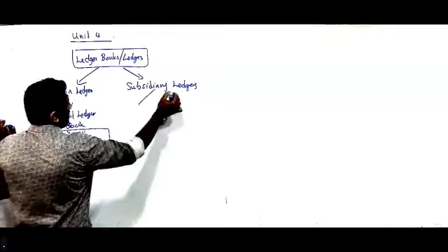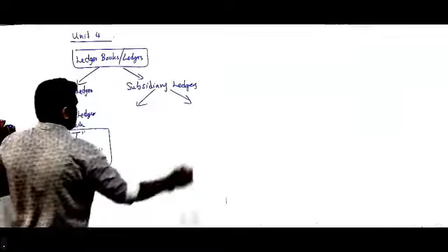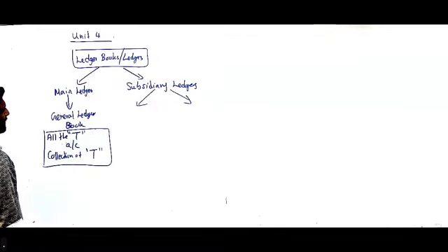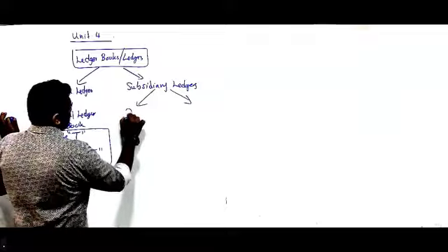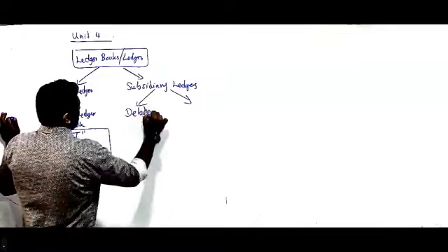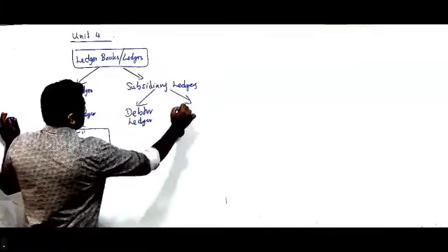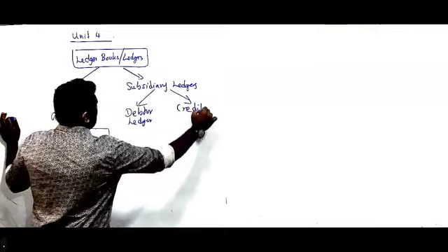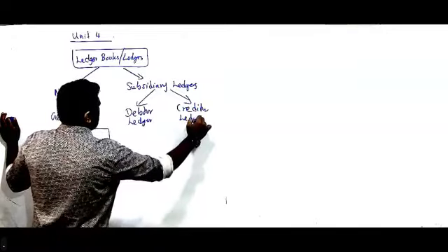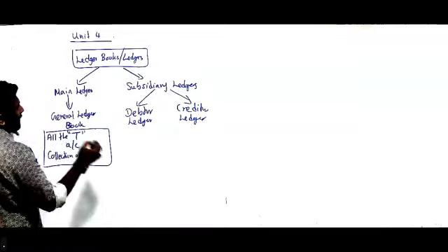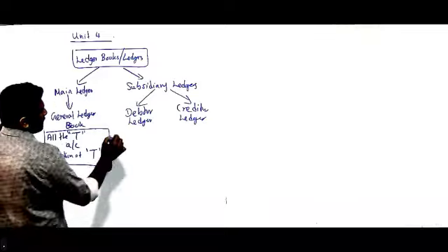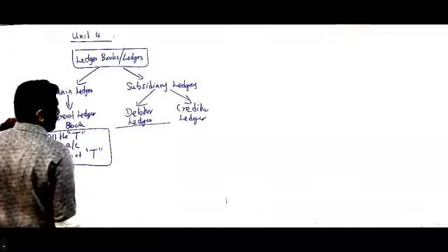Subsidiary, we learned two subsidiary ledgers. What are the two subsidiary ledgers that we studied? One is the debtor ledger. The other one is the creditor ledger. In the debtor ledger, what do you have?